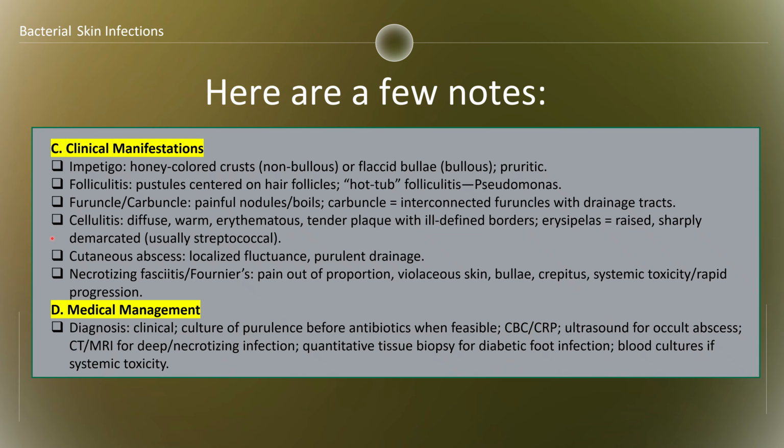And then we have carbuncle, which is a painful nodule, boils. Cellulitis is a diffuse warm erythematous tender plaque. Cutaneous abscess. Necrotizing fasciitis, so it's pain out of proportion.